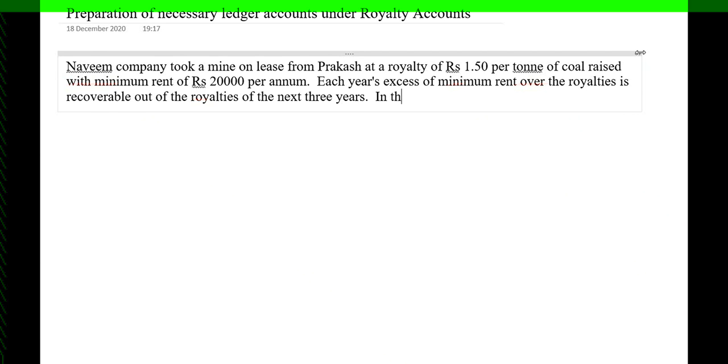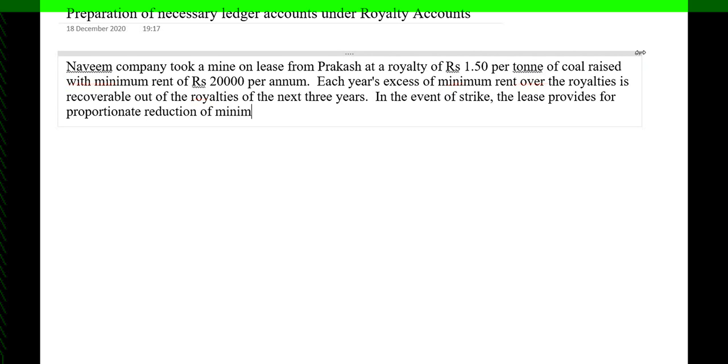In the event of strike, the lease provides for proportionate reduction of minimum rent for that year.